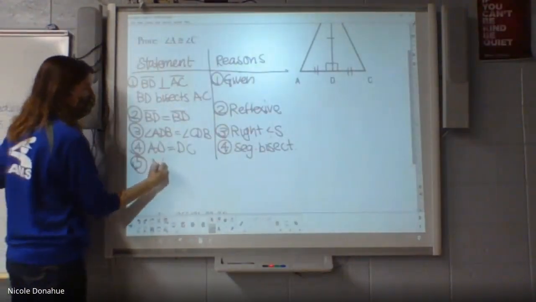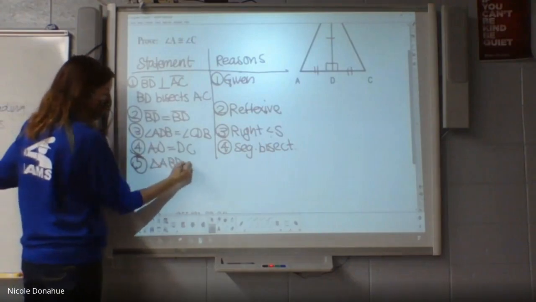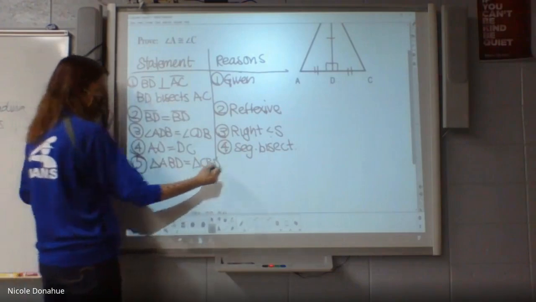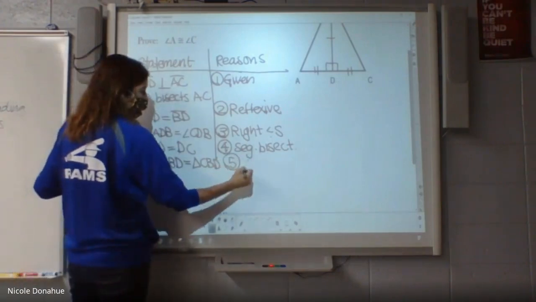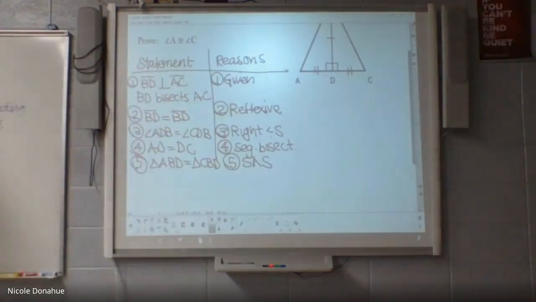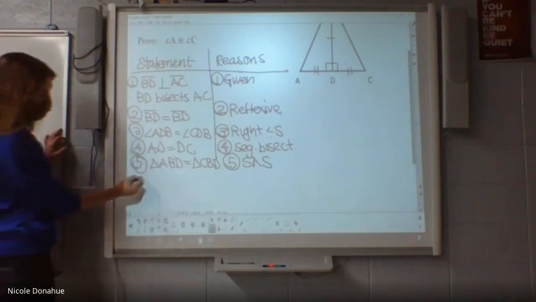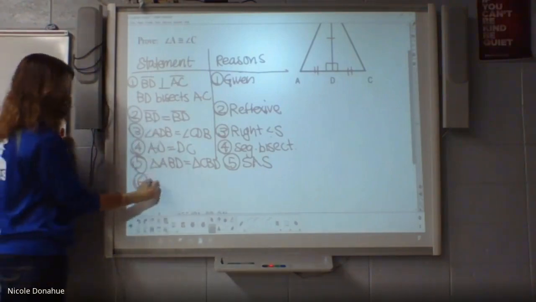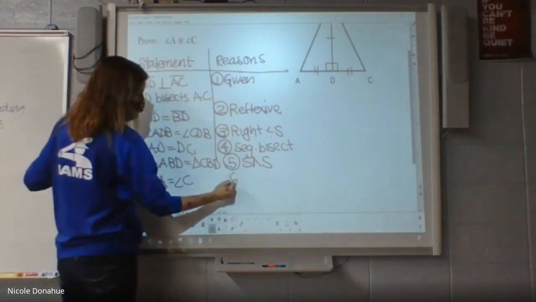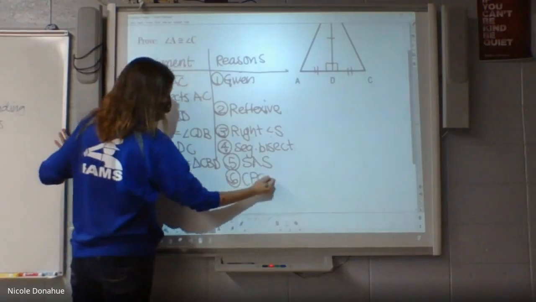Triangle ABD is going to equal triangle CBD. Side angle side is our reason. And then once I know that, all the corresponding parts have to be equal as well. CPCTC.